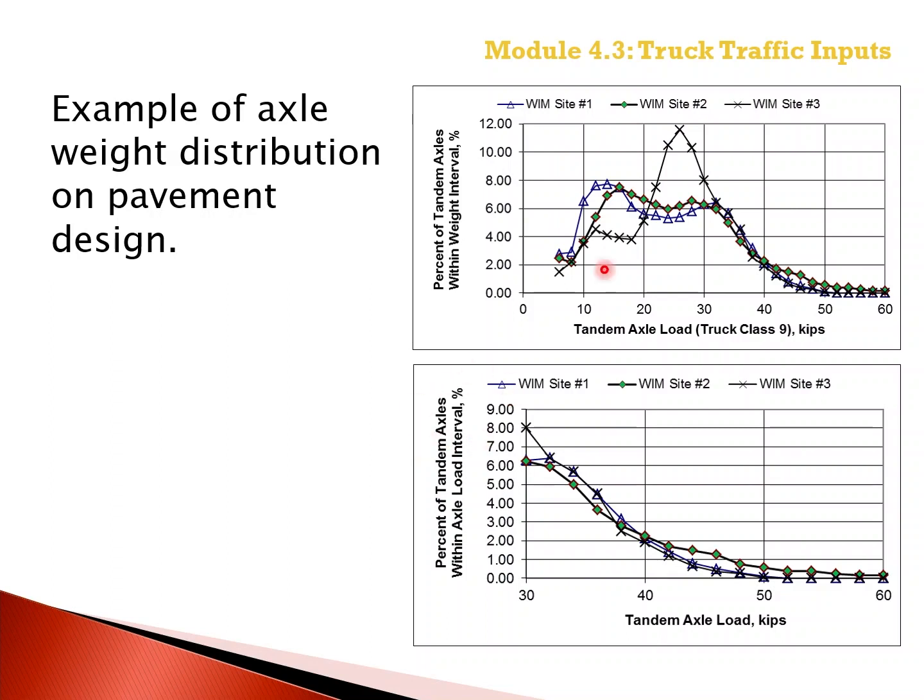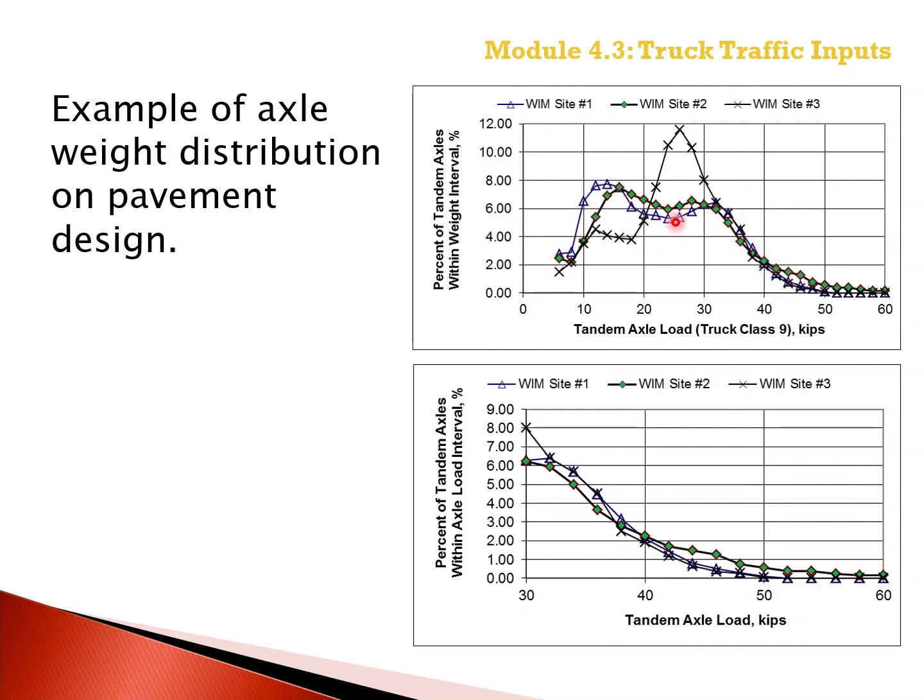The top figure shows the full normalized axle load spectra, while the bottom figure shows only an expanded portion of the normalized axle load distribution factors near the legal load limit for the tandem axle loads for a class 9 truck. So we have WIM site number 1.